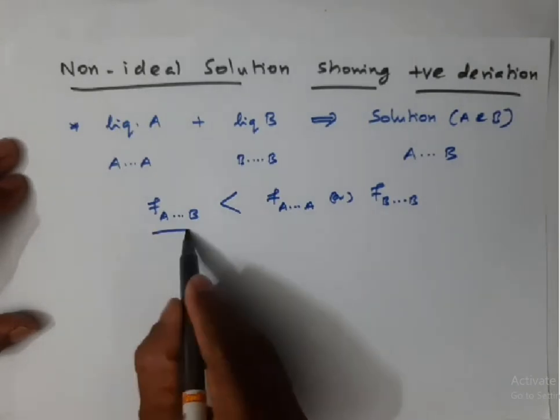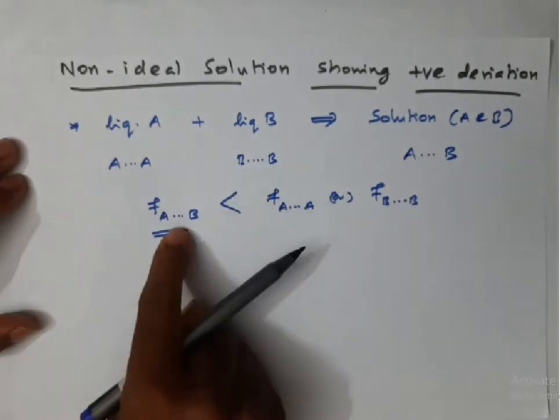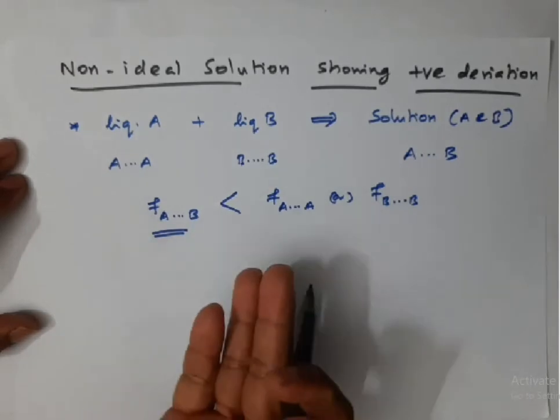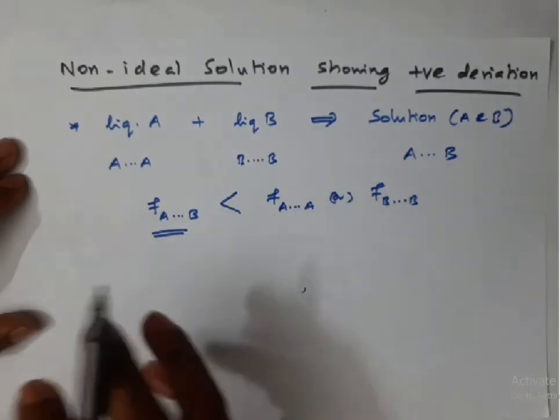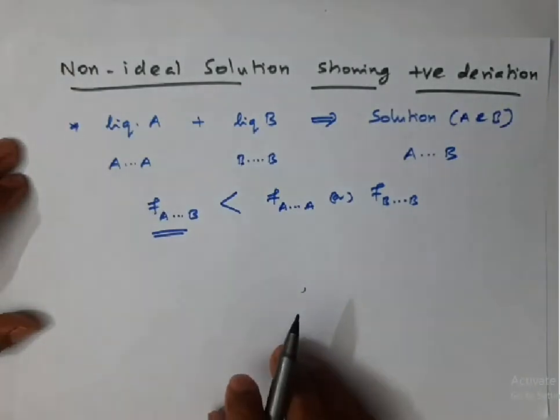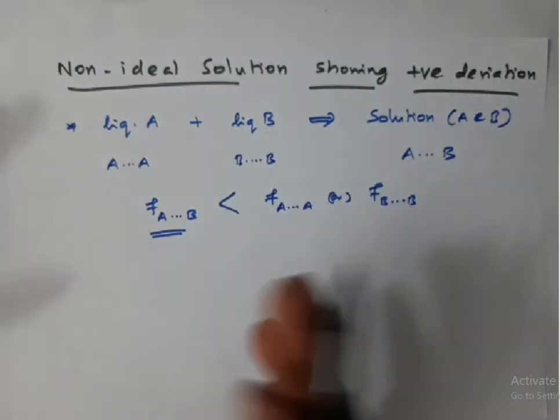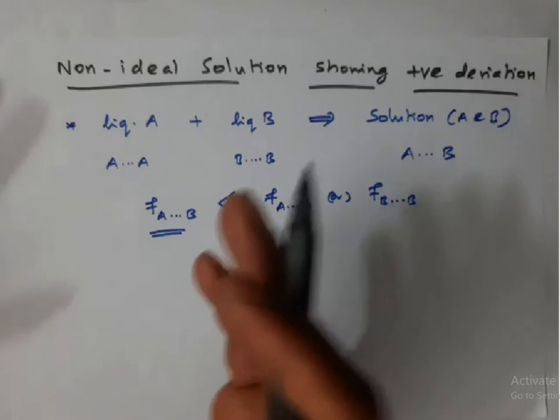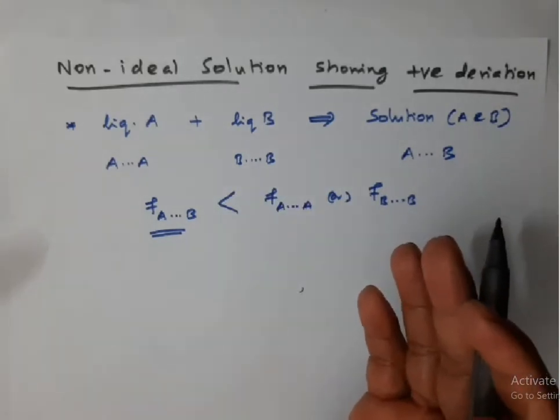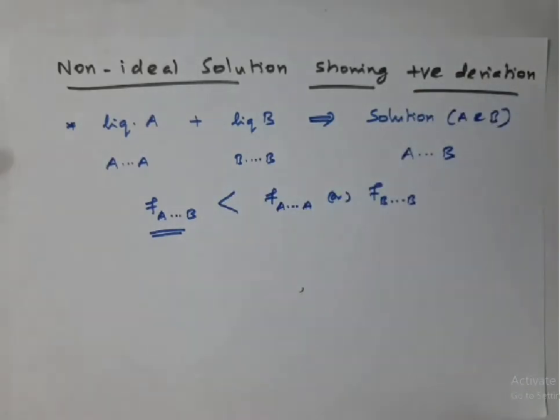Listen, if the force of attraction is weak in the liquid phase, then the molecules will easily escape from the liquid phase and occupy the empty space that is available. That is, they become vapor. So you will get more vapor, and you will get positive deviation. Simple.